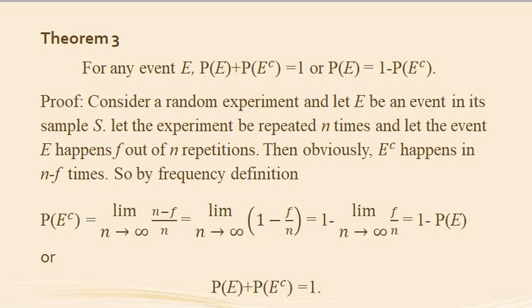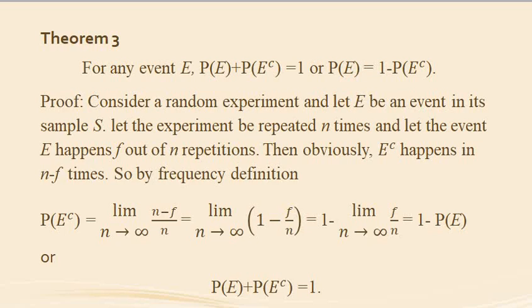So the probability of E complement equals the limit as n tends to infinity of n minus f by n, by the definition of probability, from which we can get 1 minus the limit as n tends to infinity of f by n. So this is 1 minus P of E.